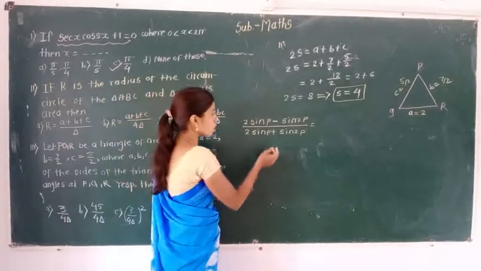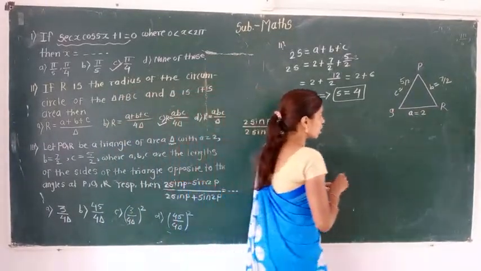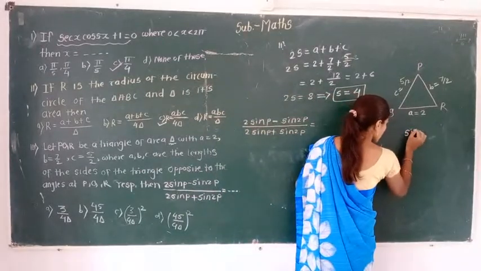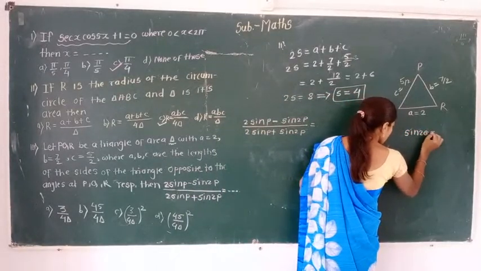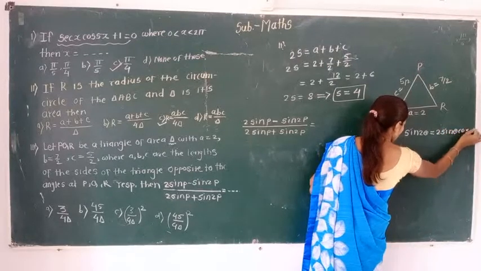First we have to use the double angle formula, and we know the formula for sin 2 theta is 2 sin theta into cos theta.